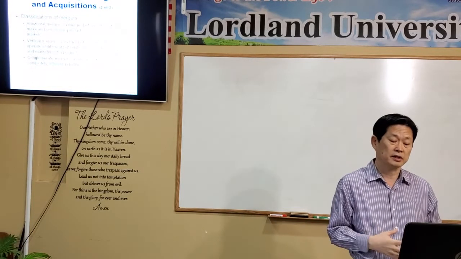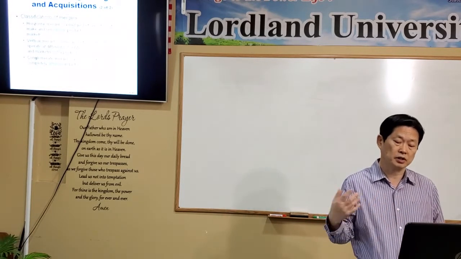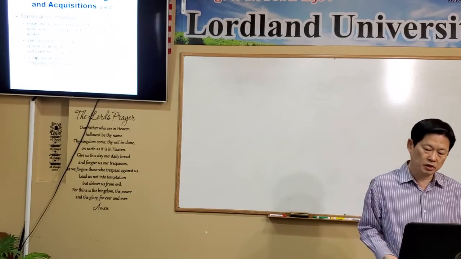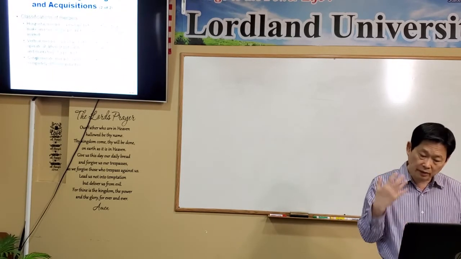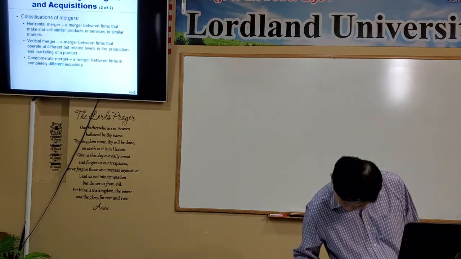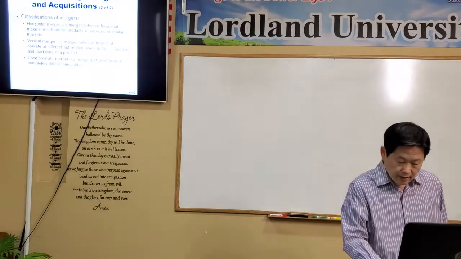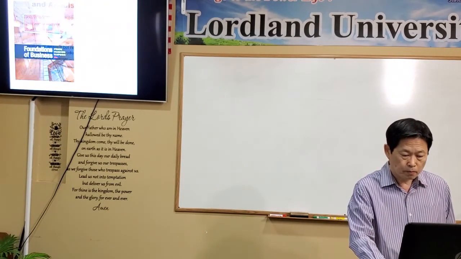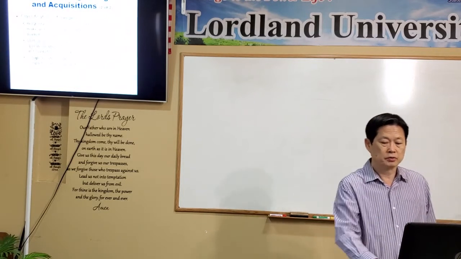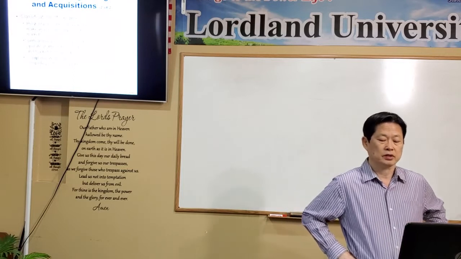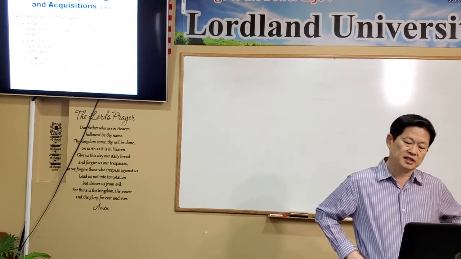Classifications of mergers. There are three classifications of mergers: horizontal mergers, vertical mergers, and conglomerate mergers. A horizontal merger is a merger between firms that make and sell similar products or similar services in a similar market.